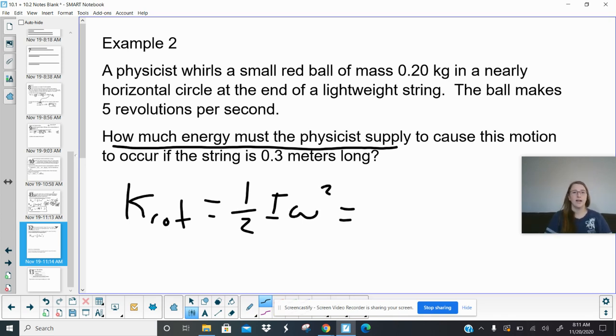But let's look at the information we have. We have the mass of the object. We have how many revolutions it goes per second. And we have how long the string is. Remember, that's going to be the distance from the center. If he's swinging it like this, 0.3 meters is the distance from the center that would swing all the way around.